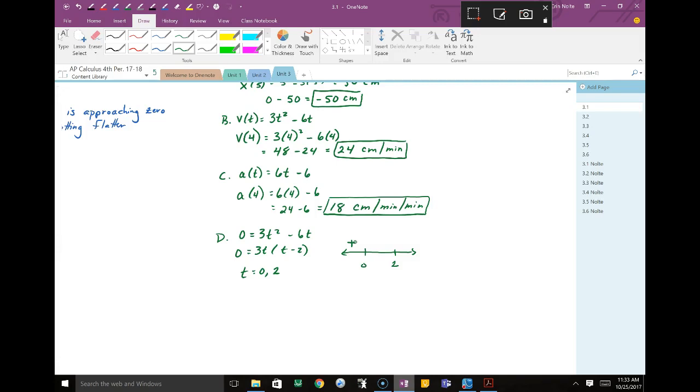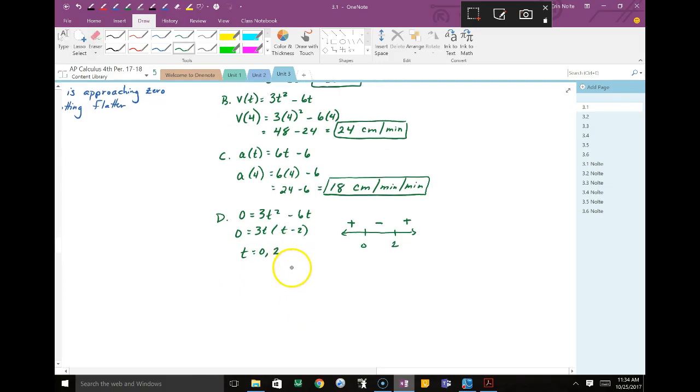If I plug in 1, between 0 and 2, negative. And between 2 and infinity, if we plug in 3, positive. So because it's moving from positive to negative and negative to positive, it changes direction at 0 and 2, not seconds, minutes.